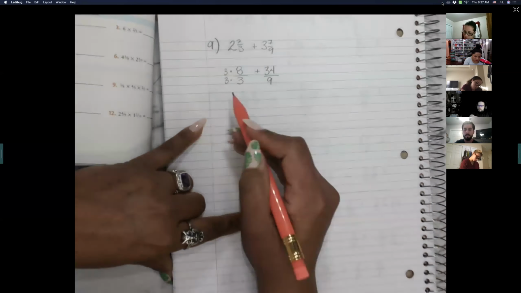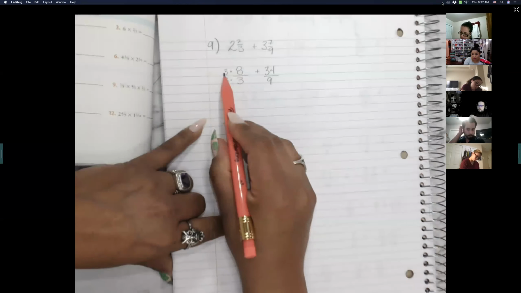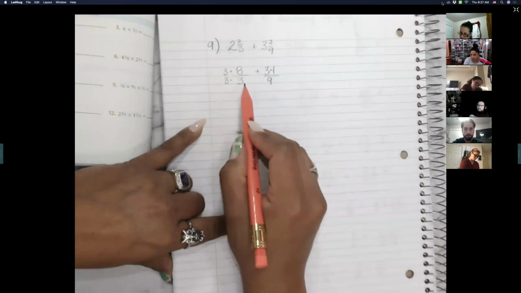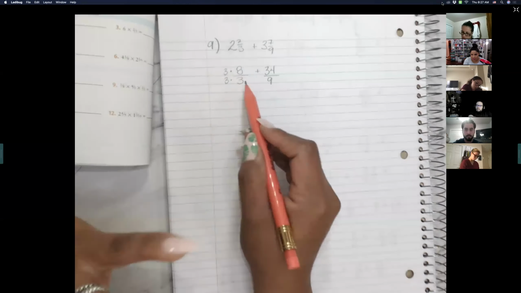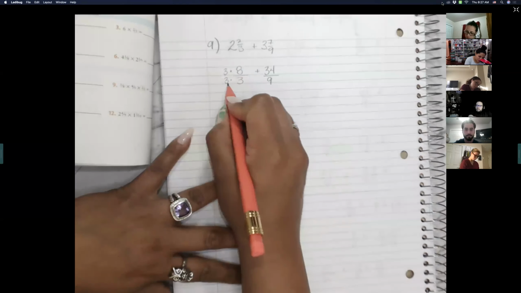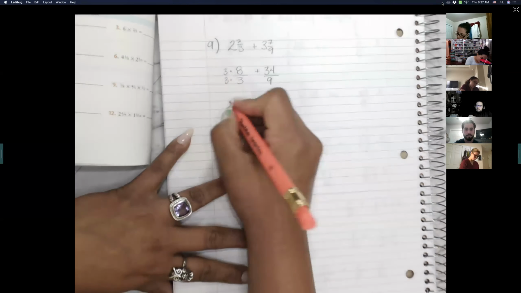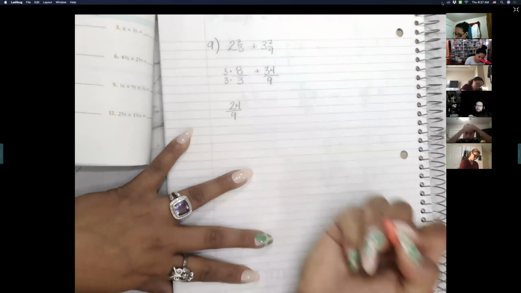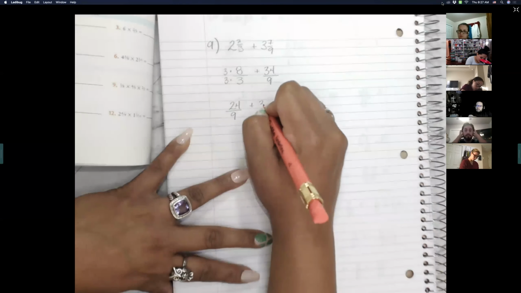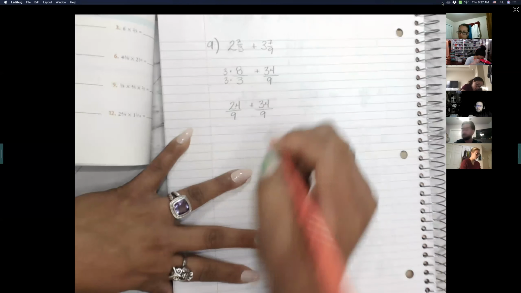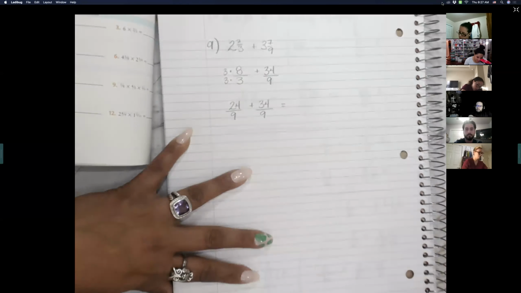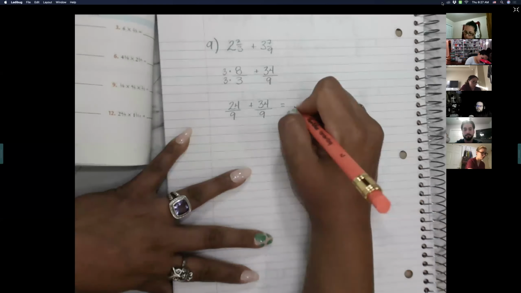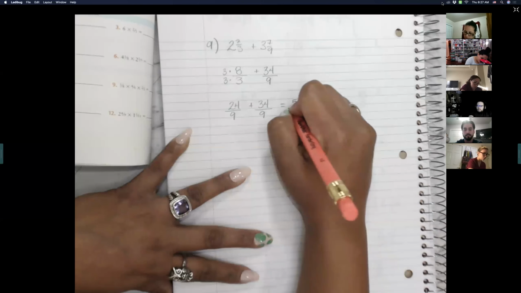So anything we do to the denominator, I do to the numerator. If I do it to the numerator, I have to do it to the denominator. They exist together. Okay, so 3 times 8 is going to give me 24/9. And this is going to stay my 34/9. What does that give me? It's going to be 58/9.